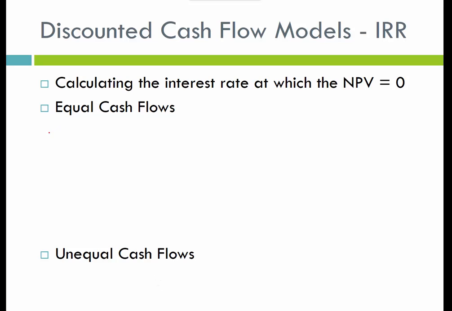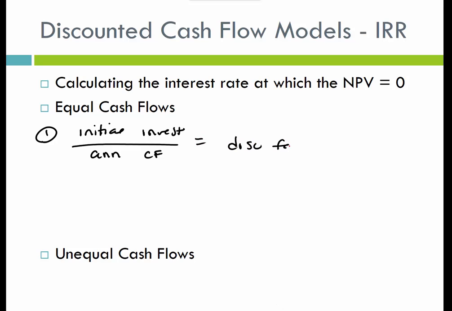So you've got 2 steps. You take the initial investment divided by the annual cash flows, and that's going to give you a discount factor. That's not your answer.